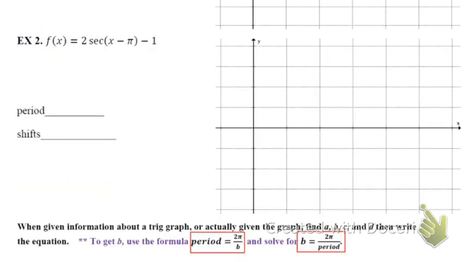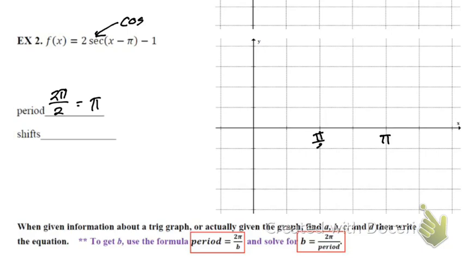All right, so this one is secant, so I'm thinking cosine. I need to graph cosine first, and then we just flip everything to get our secant graph. So first of all, the period will be 2 pi over 2, which equals pi. Cool, we just did that.